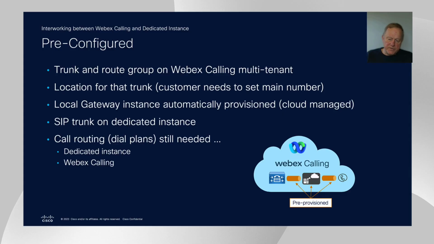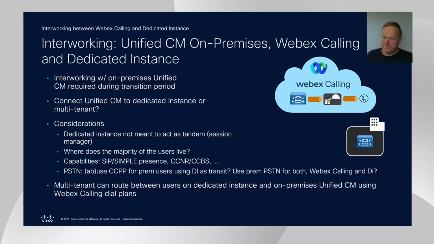What you still need to do, though, is create the deterministic call routing between these two call controls. So both on Dedicated Instance, by massaging the enterprise dial plan and adding the appropriate route patterns, and on Webex Calling, by configuring a dial plan and/or route lists.